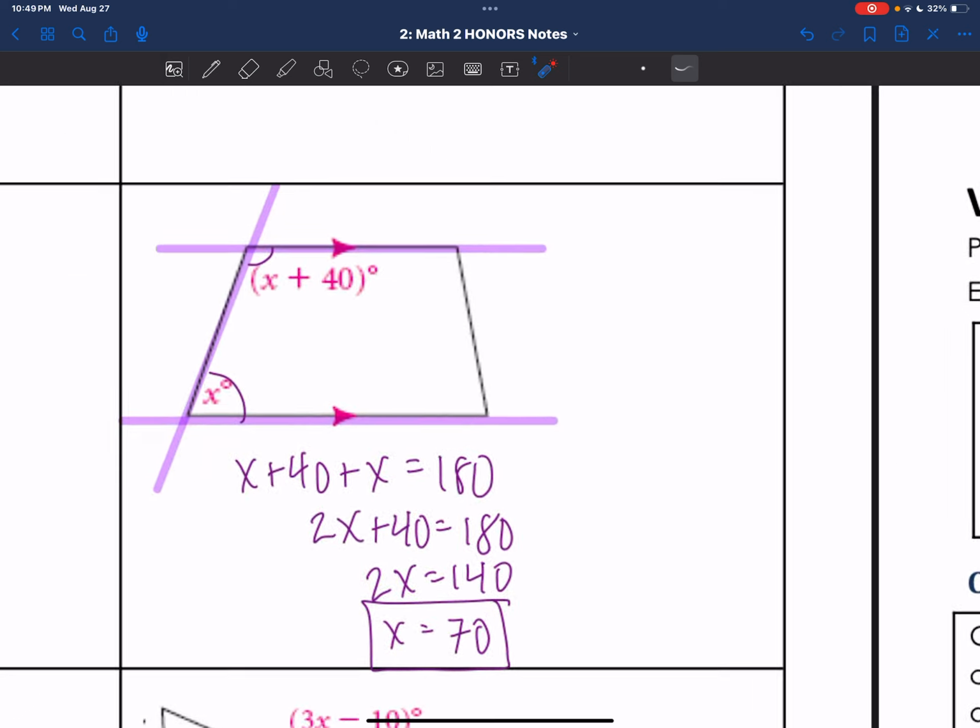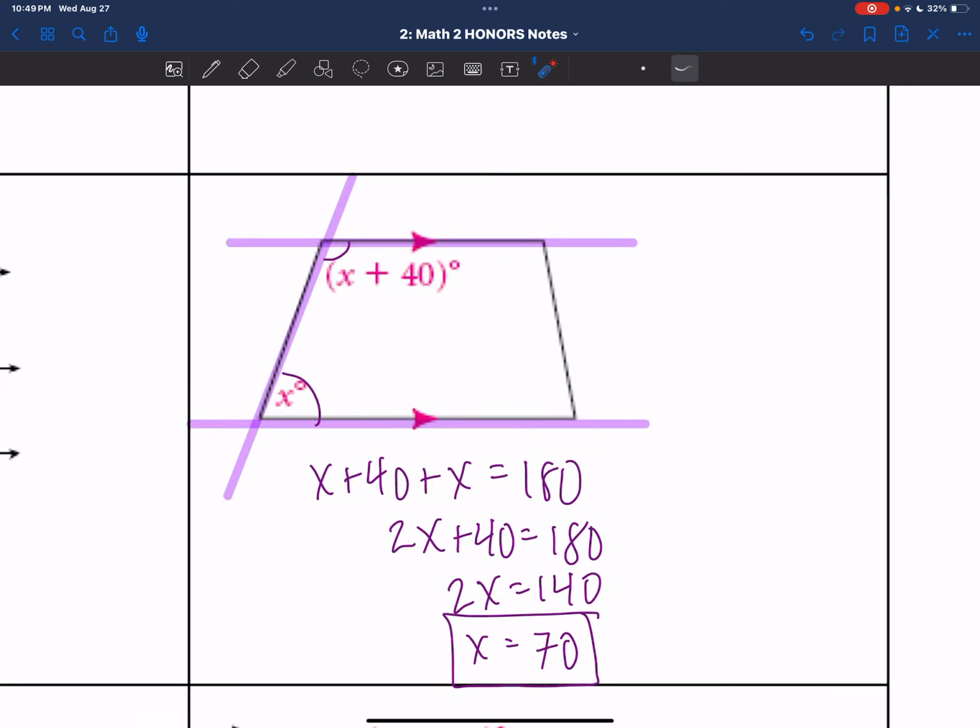I do want to show you this one, because if you look on your copy, you only have this shape. What I did is notice these sides are parallel, the opposite sides are parallel. So I actually extended the lines to make parallel lines. And I'm using this side right here to make a transversal.